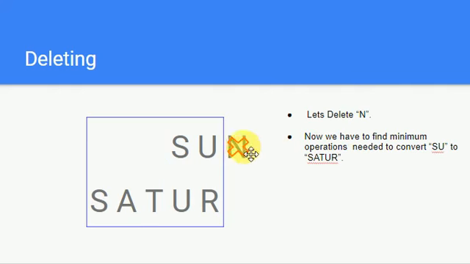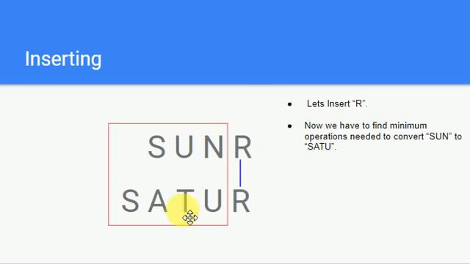Now, inserting, sorry, I am inserting R beside SUN. So these two letters are equal, so I ignore them and try to find the minimum number of operations required to convert SUN to SATU. So these are the three operations that I am left with.